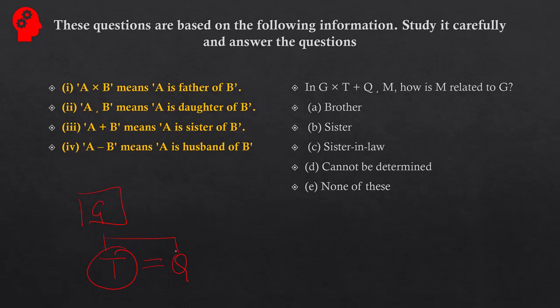Q comma M is Q is daughter of M. Okay, Q is daughter of M. Now that's only possible when G and M are a married couple, making M wife to G. Now question was, how is M related to G? We can see here M is nothing but wife of G. So which is not given in any of the options, we'll go with none of these.